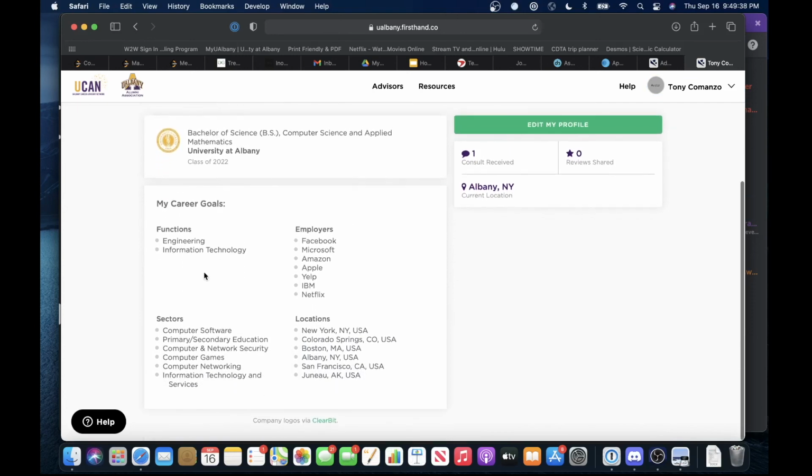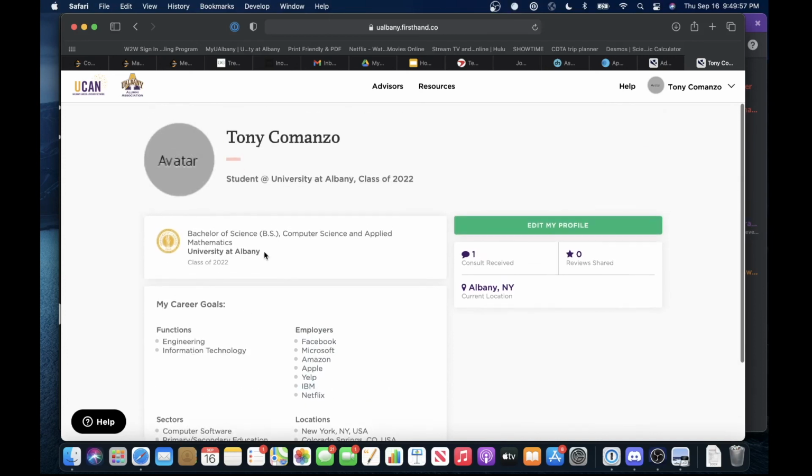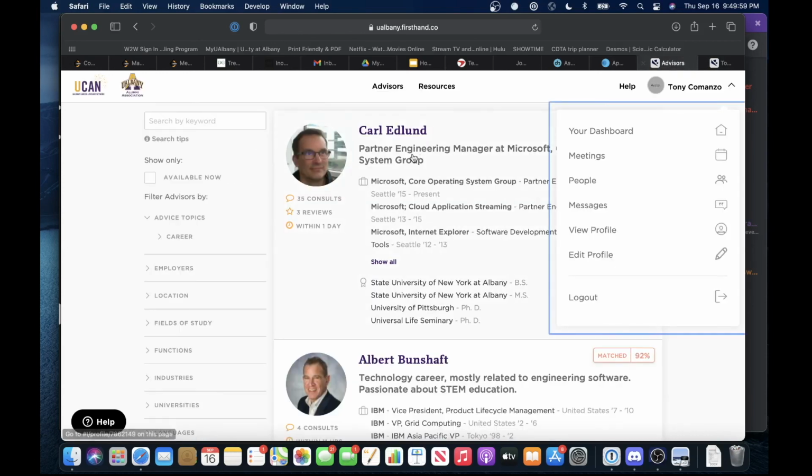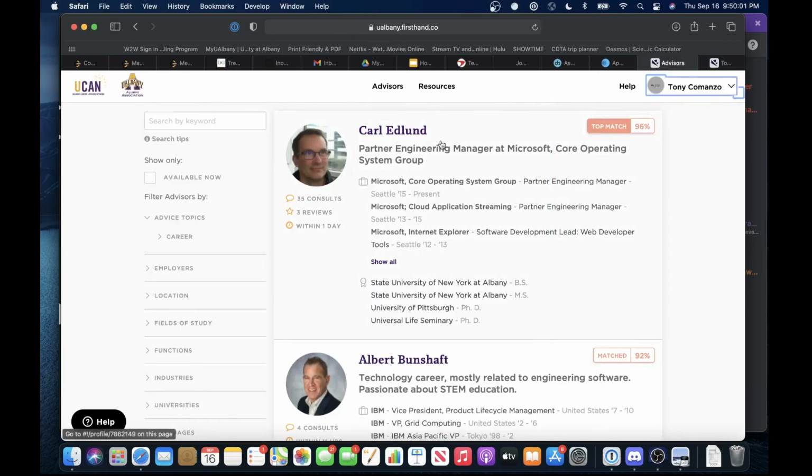I think the first time you log in, it asks you for information, like what sectors you want to work in, what locations you'd want to work in, and what employers you would want to work for. Based on all of that, it finds your quote unquote advisors and gives you a rating of how much of a match they are.